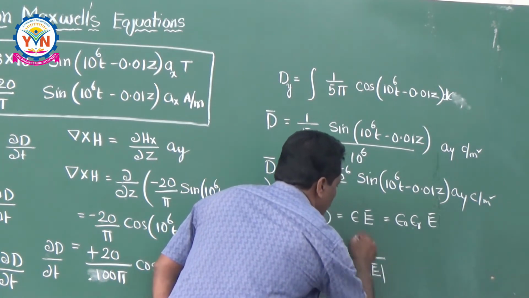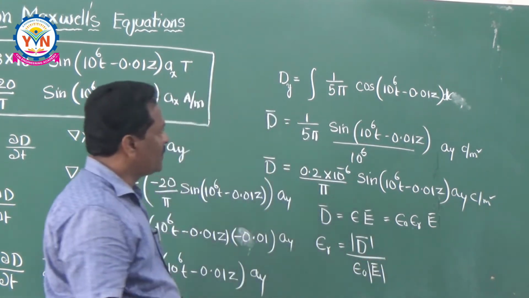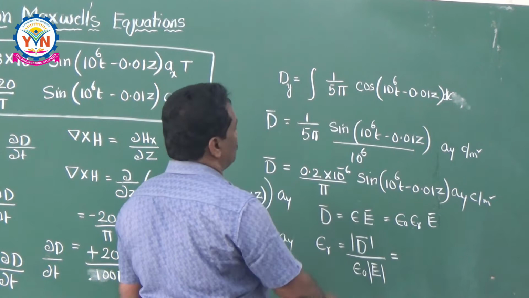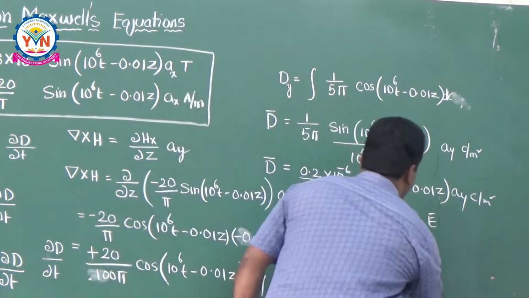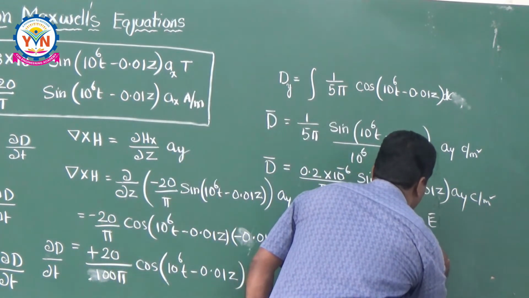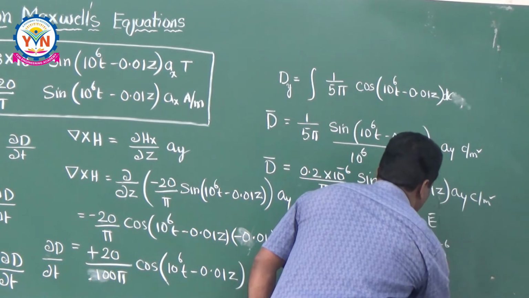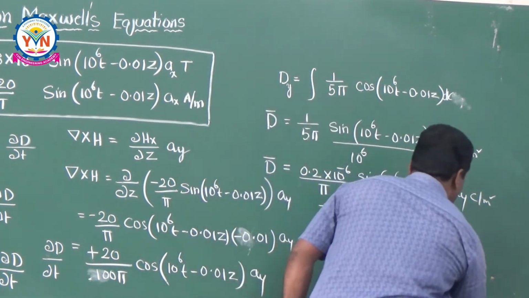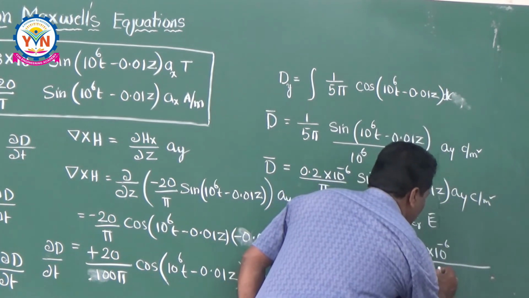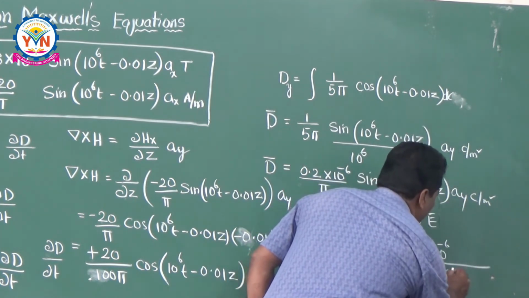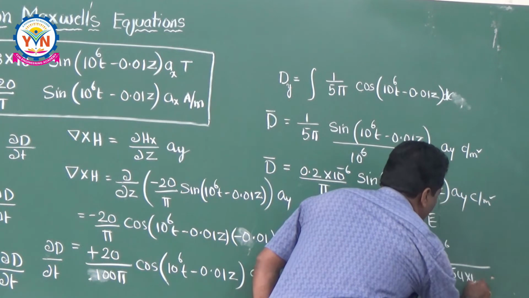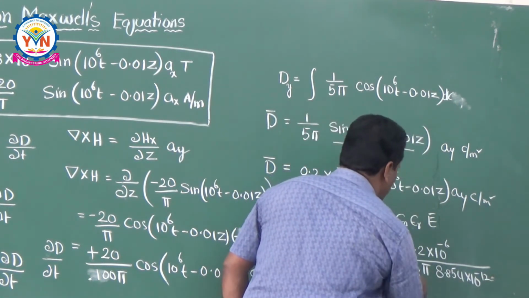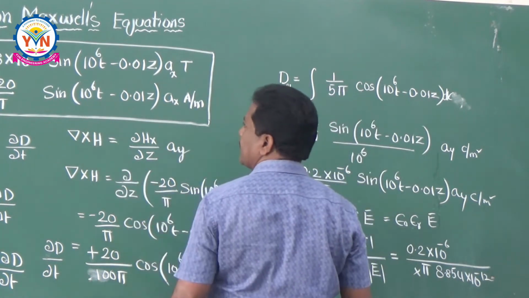And you try to consider the magnitudes here. Therefore epsilon r is equal to D bar magnitude, which is nothing but 0.2 into 10 to the power of minus 6 by pi. This is the magnitude of D bar. And epsilon naught value is 8.854 into 10 to the power of minus 12, and into E magnitude, which he has given here, 800.